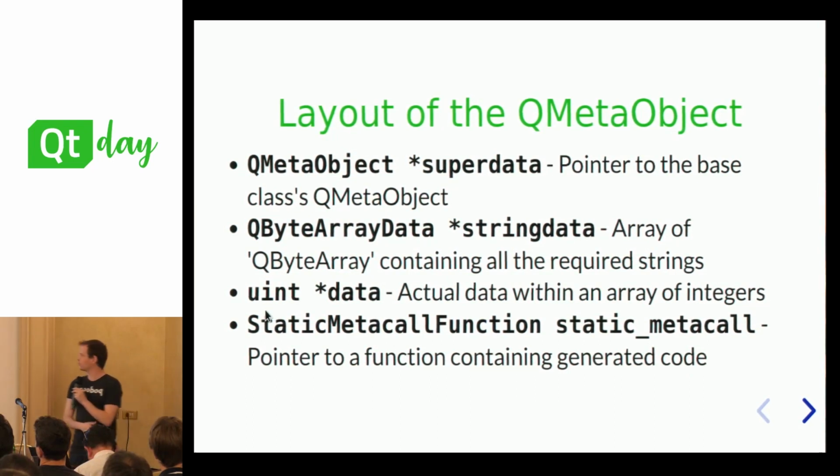We'll see later what exactly this data contains, but it contains all the information needed to know how many signals we have, what their names are, and such. And finally, we have a pointer to a function. It's a pointer to the static meta call, which is a pointer to the generated code that contains the code that calls signals and slots.